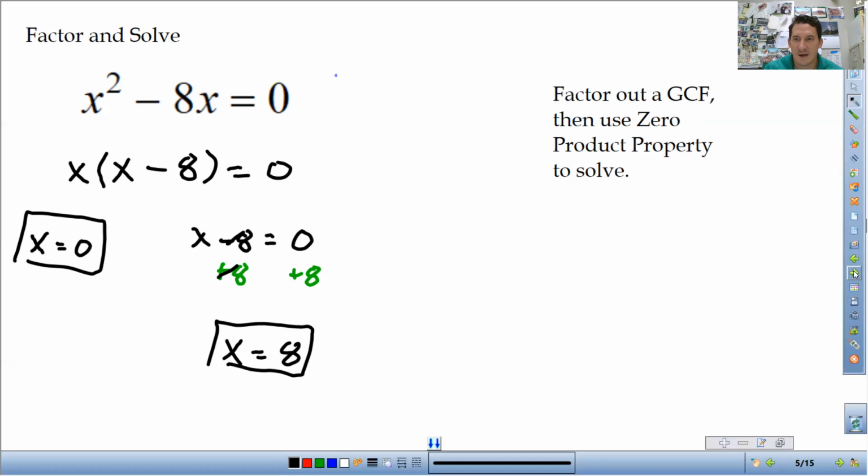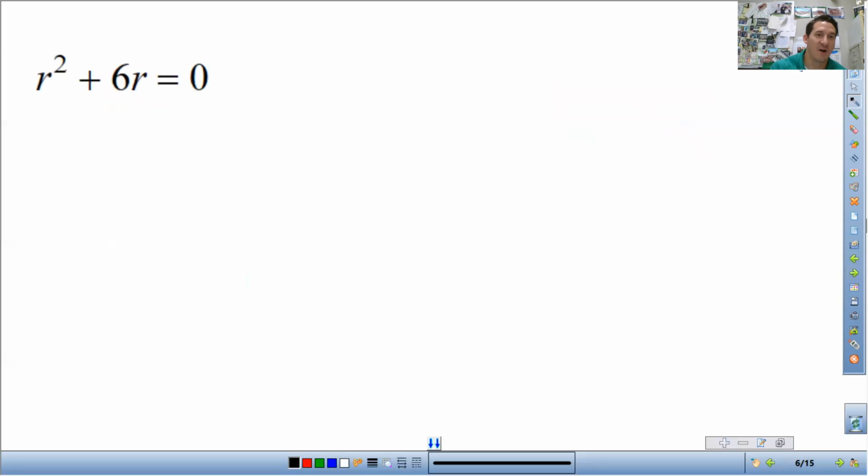So let's look at another example. Same thing. I'm going to start off by factoring this. So I have an r squared, 6r. They have an r in common, so I'm going to factor out an r. I get r times r plus 6 is equal to 0. Now I can use the zero product property. I can split up my two factors.